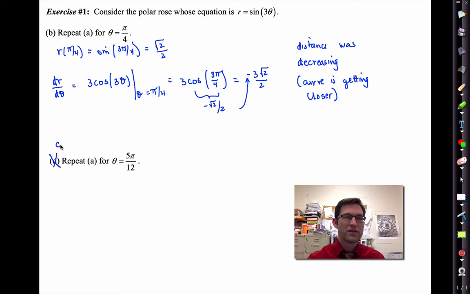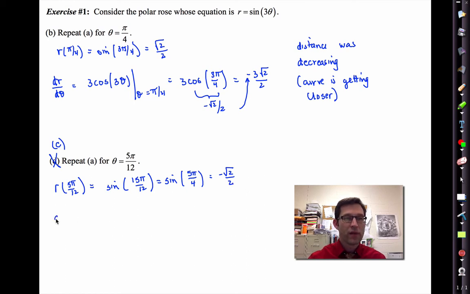How about letter C? All right, let's figure out what r of 5 pi over 12 is. Just shy of pi over 2, just barely shy of that. So what would that be? That would be the sine of, what is that, 15 pi over 12? Well, that's confusing. How about the sine of 5 pi over 4. And remember, that's in the third quadrant, so that's going to be negative root 2 over 2.